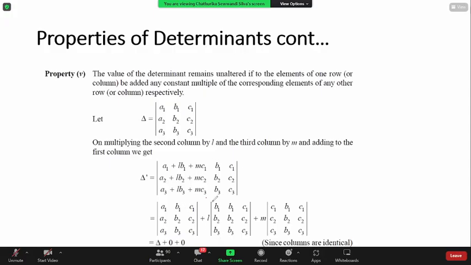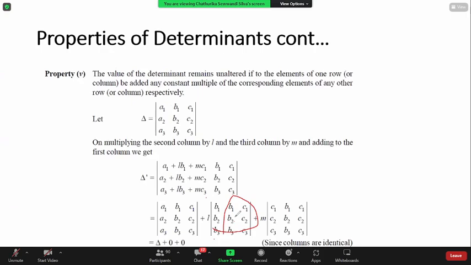So when you break down this altered matrix into three, you will notice that, what is the determinant of this matrix? Why? The determinant of this matrix, you are saying 0, why?